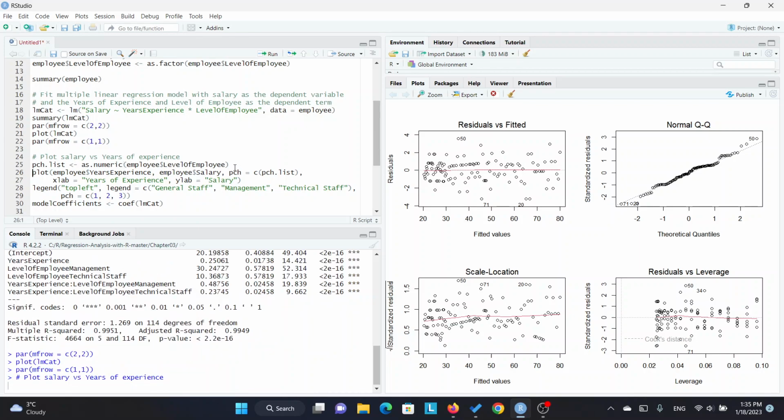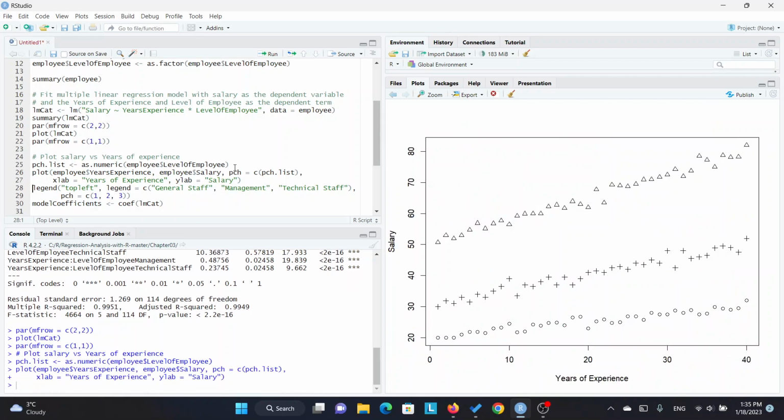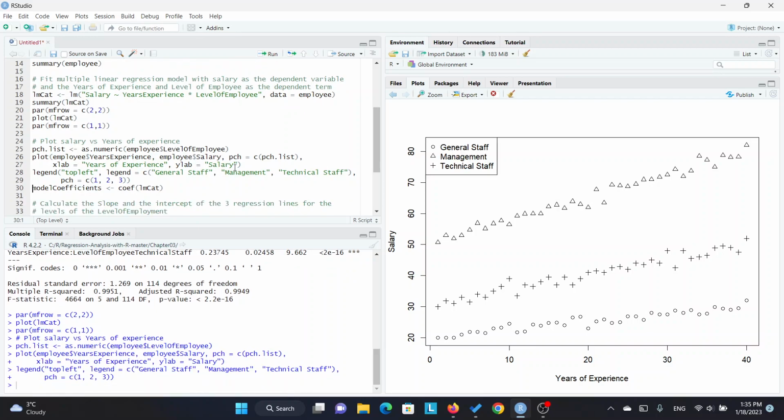We're going to do pch. Okay, and then we're going to plot the years of experience on the x-axis and salary on the y-axis to see the relationship between salary and years of experience according to the level of employee. Let's run that. And let's put the legend there.